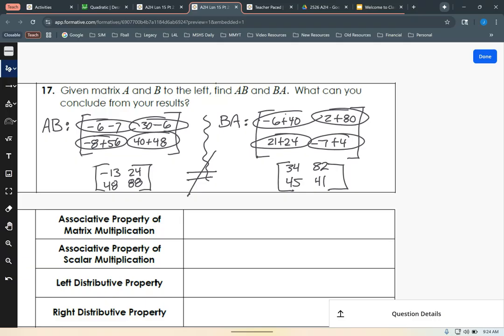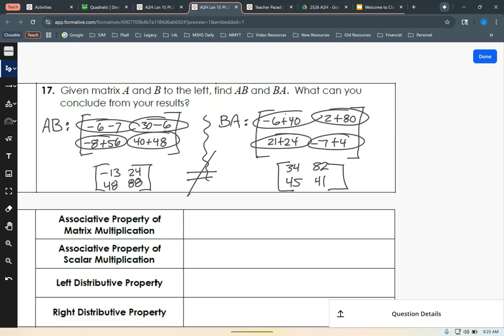B times A. Like 3 times 5 is what? And 5 times 3 is what? And that works in multiplication, doesn't it? And we call that the what? No. Good try. It's a property. Which property is it? Come on, you got it. Begins with a C. Commutative property. 2 plus 3 is 5. 3 plus 2 is 5. Okay, all right, okay.